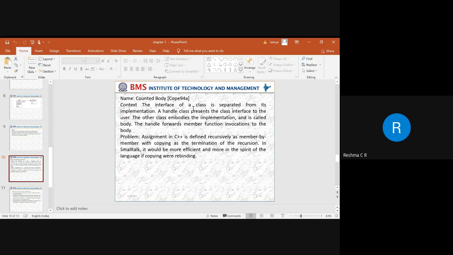Through that interface we need to implement it. And how do we define the problem? The problem is taken care of with respect to the assignment in C++, and we are trying to define it recursively member by member, with copying as the termination of the recursion. In this way we can identify that.